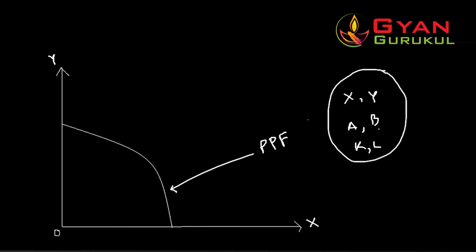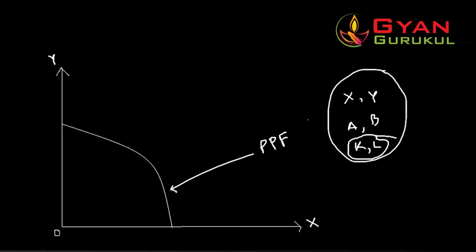Now the products have been shown in these two axes. On the y-axis we are showing product Y, and on the x-axis we are denoting product X. Now this curve is the production possibility frontier of the economy, which shows the various bundles of X and Y that can be produced with the given amount of labor and capital in the economy.